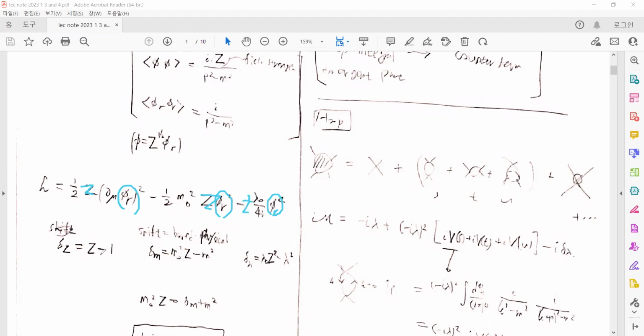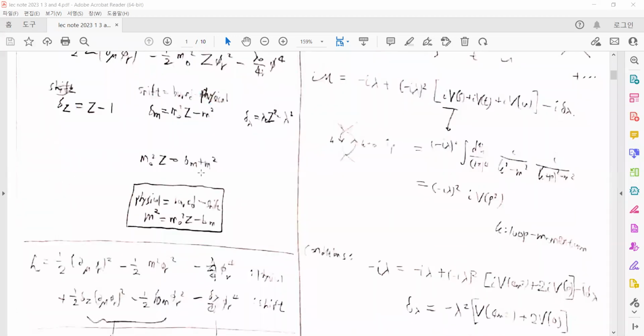And we will define the shift of each parameter as the bare parameter minus the physical parameter. So there's a shift delta m for the mass, delta lambda for the coupling, as the bare mass minus physical mass and bare parameters minus physical parameters.